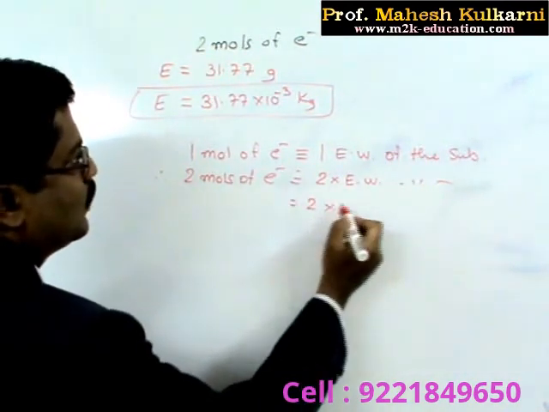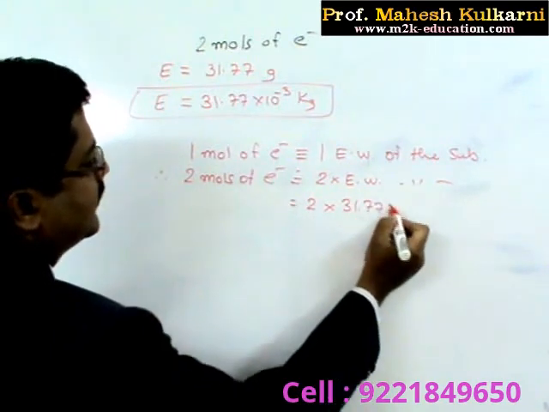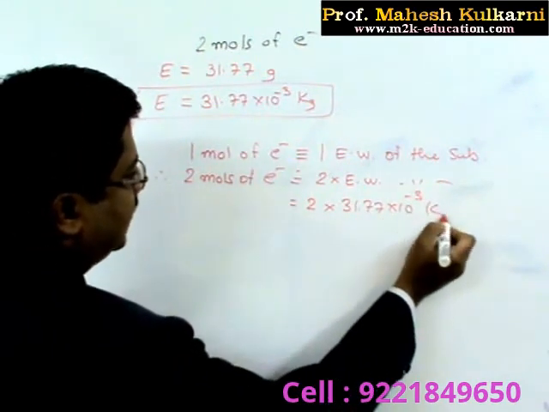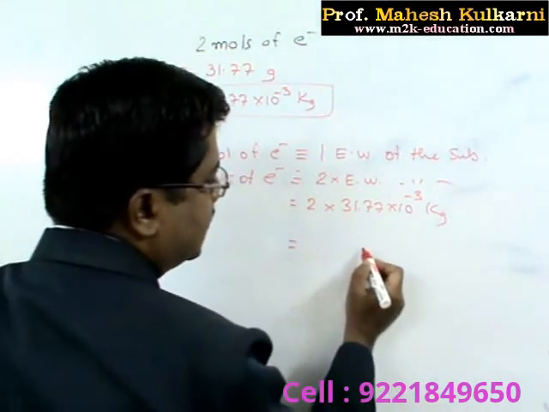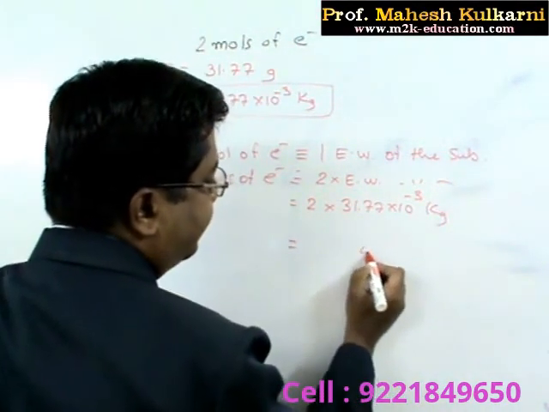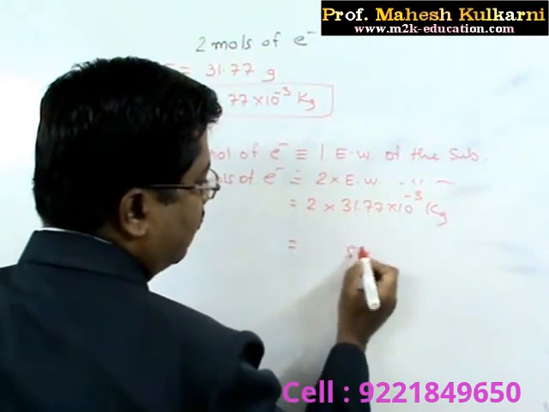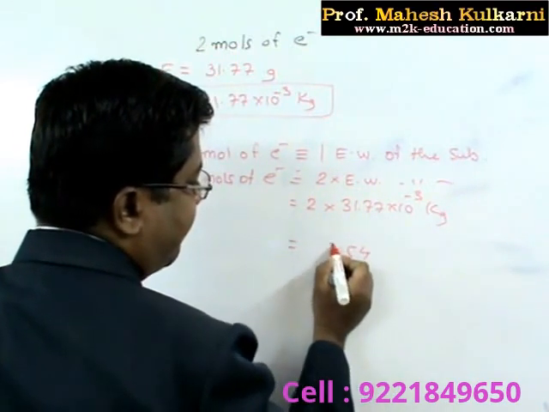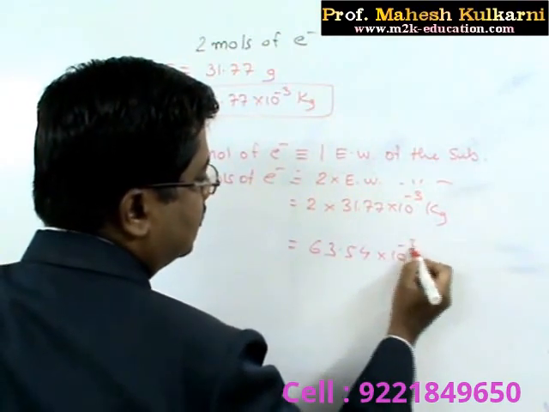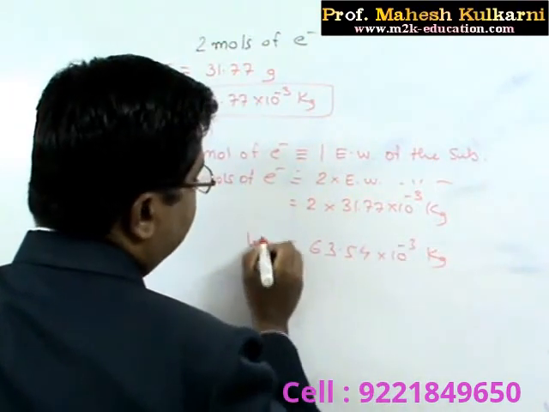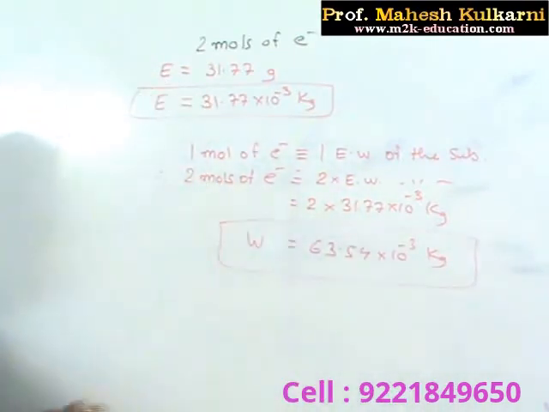So that will be equal to 2 into 31.77 into 10 raised to minus 3 kg, which is the atomic weight of the substance. So the weight of substance deposited will be this, into 10 raised to minus 3 kg.